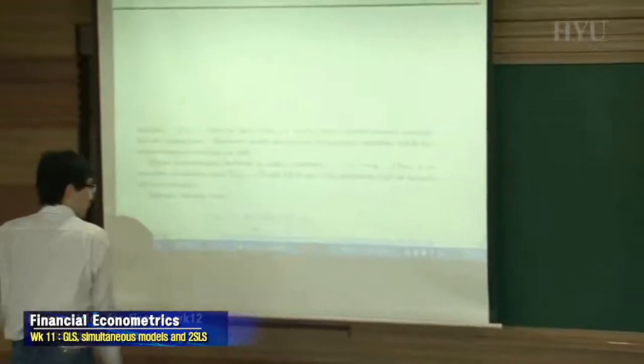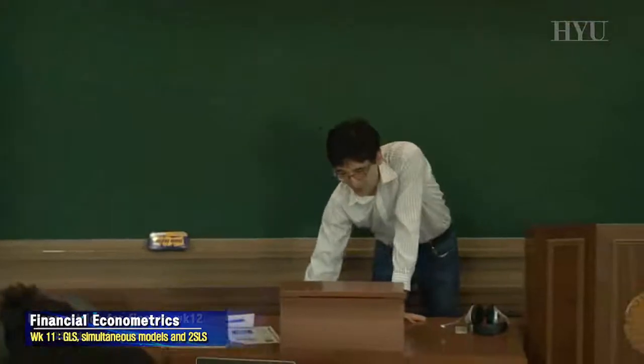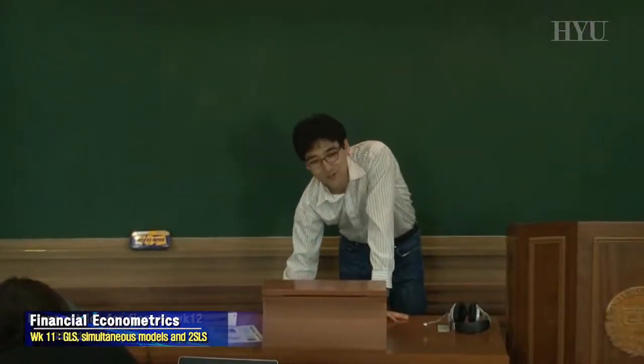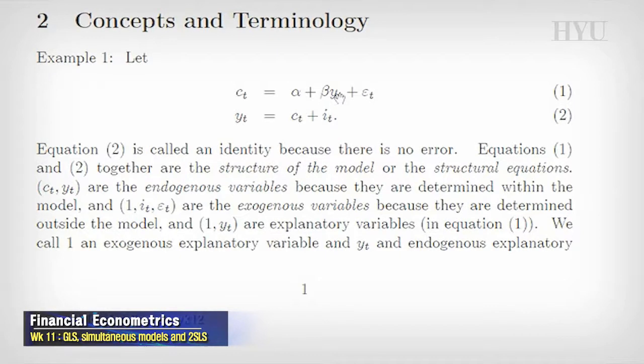Now, one obvious idea to estimate this model is to run a regression of C_t on Y_t, right? That is one obvious idea, but it doesn't work in this framework because Y_t and epsilon_t are correlated. In our regression, we always assume that the explanatory variable and the error shouldn't be correlated.